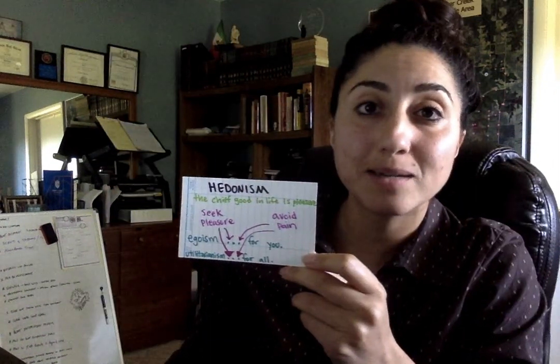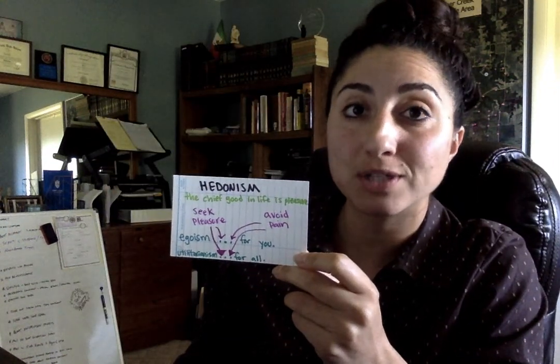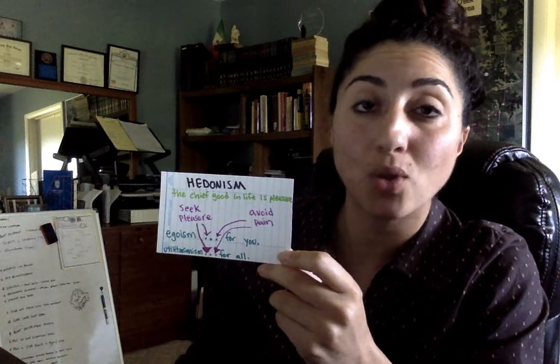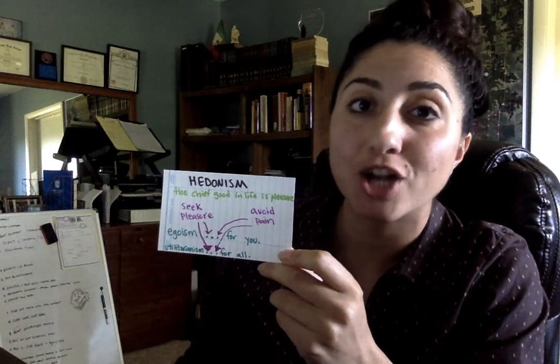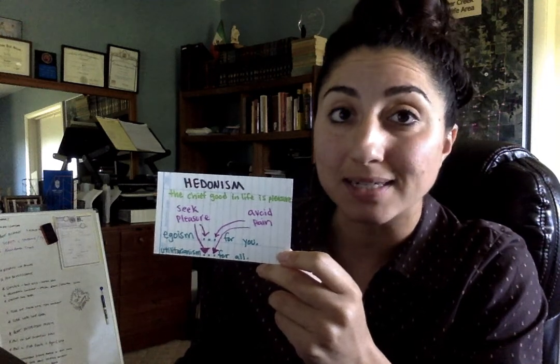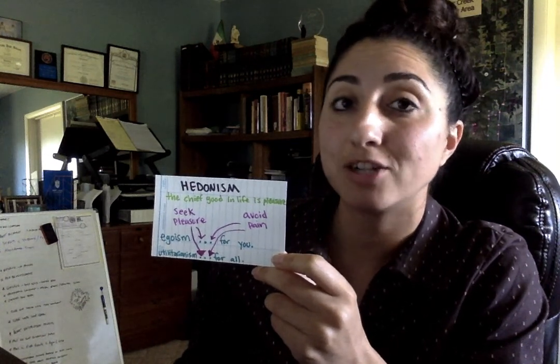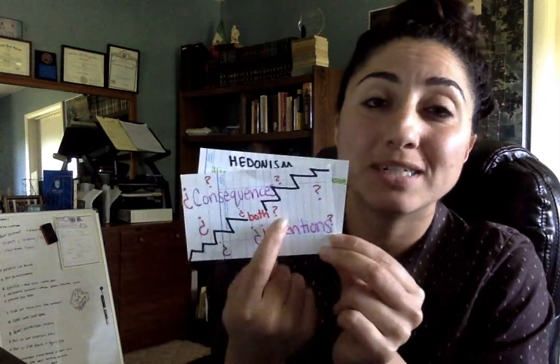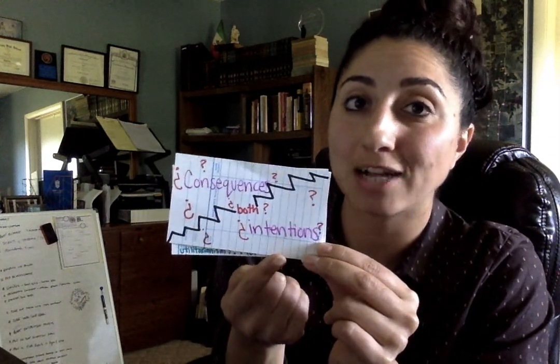Since egoism, utilitarianism, and other versions of hedonism tell you that any action is good so long as it brings about pleasure and avoids pain, hedonism and their different versions are consequentialist, meaning your intentions don't determine whether your action is good.